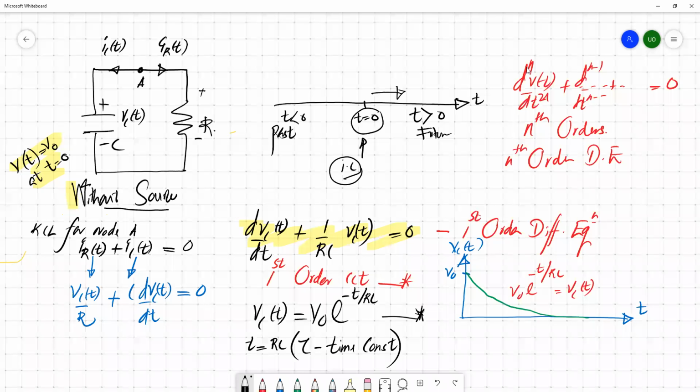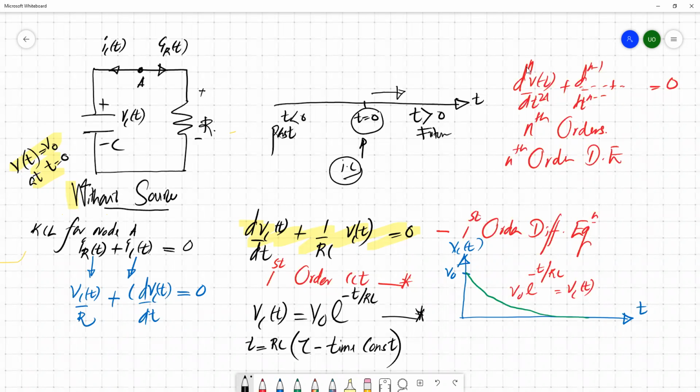The time constant is a parameter which gives an indication about the rate of charge or discharge. If this time constant is very small, we can argue that the capacitor can charge immediately and discharge immediately.